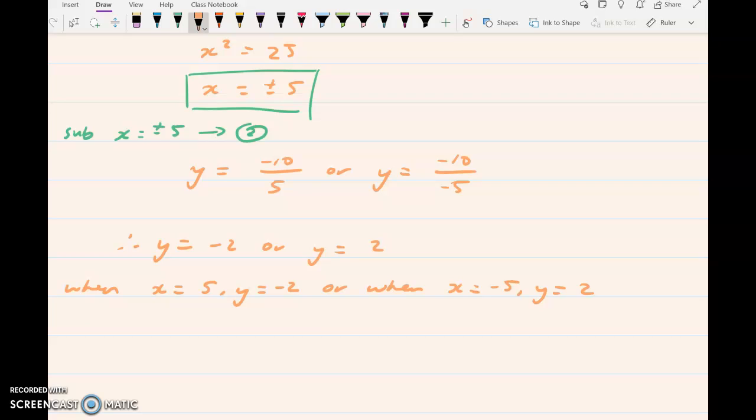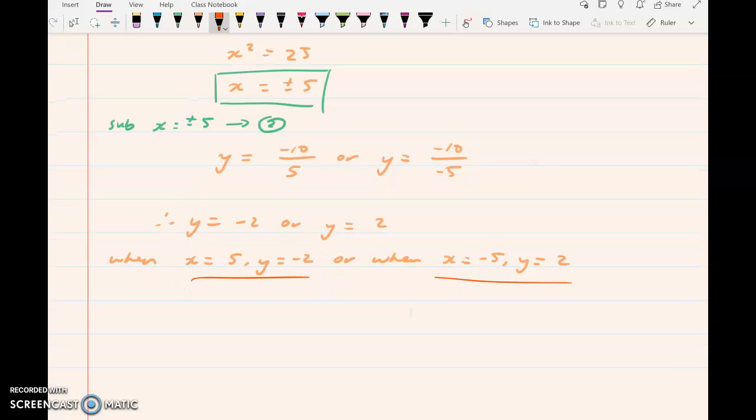Wording's important here, because I'm saying that this solution here is a distinctly different solution to this one. There's two solutions. There's not one solution where x equals 5 or negative 5, and y equals negative 2 or 2. I'm saying when x is 5, y is negative 2, or when x is minus 5, y is equal to 2. So they're my two solutions.